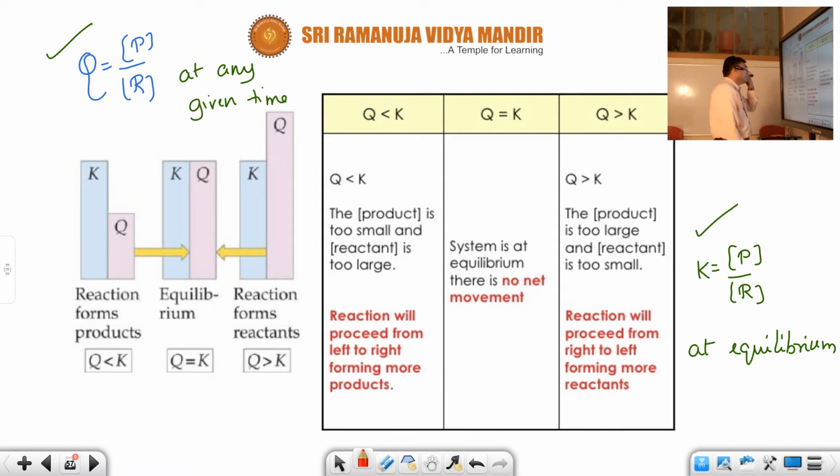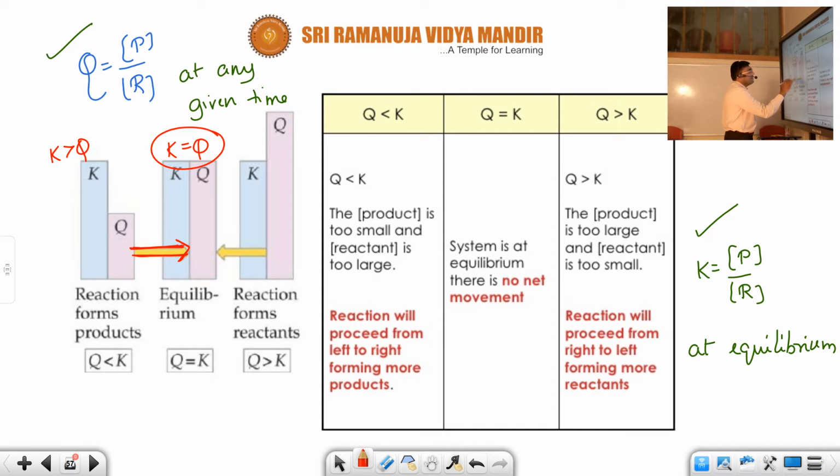So try to understand, students. Now K is equal to Q at equilibrium. Try to understand, students. If K is greater than Q, the reaction will proceed in the forward direction. Very, very important point.